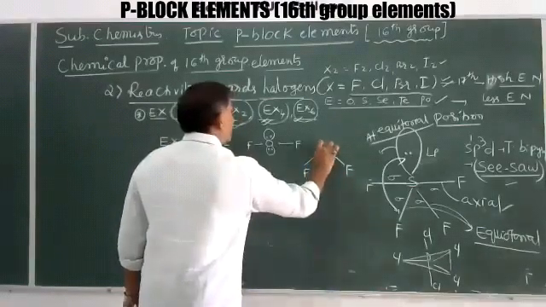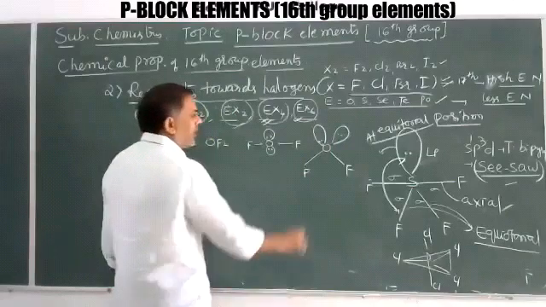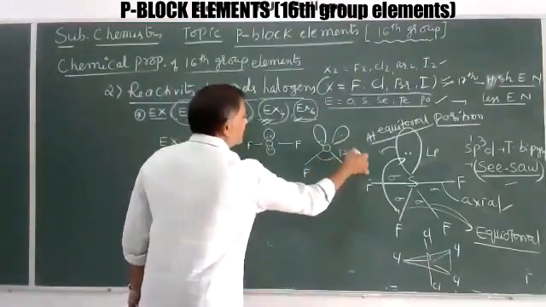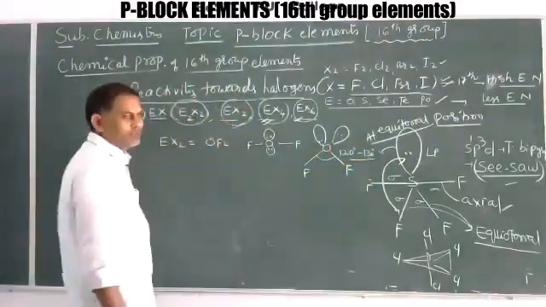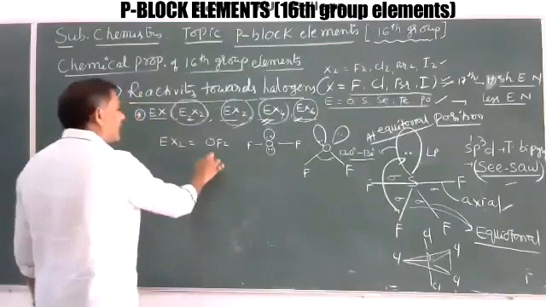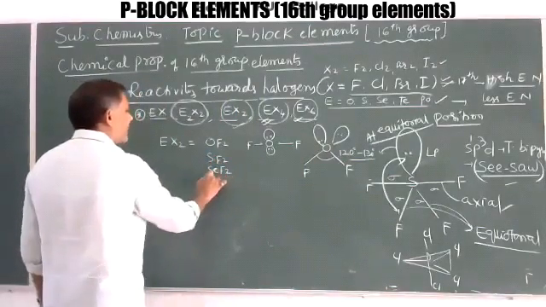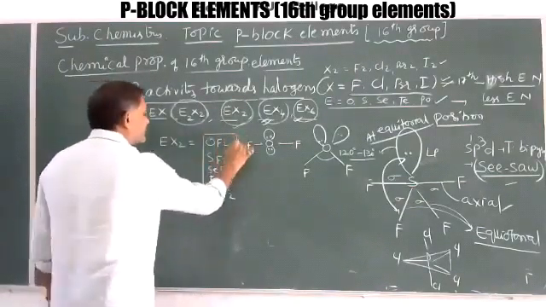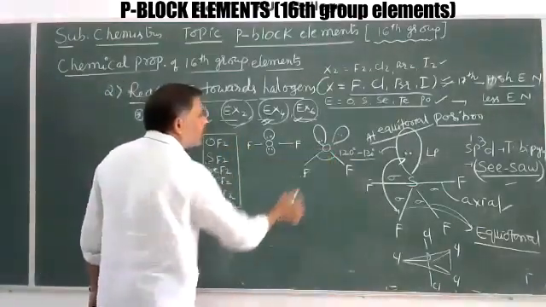Angular means the bond angle is nearly 120 to 130 degrees, based on the central atom of the element. Now here SF2, SeF2, TeF2, PoF2. These are the dihalides.